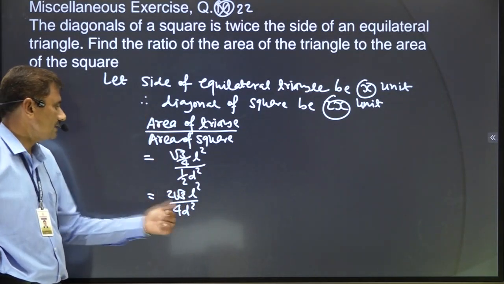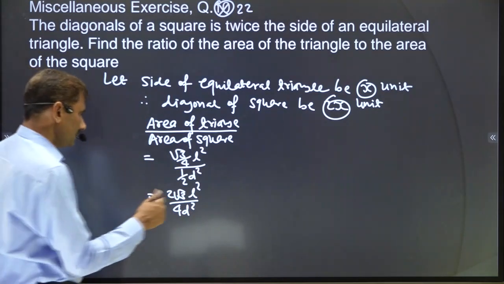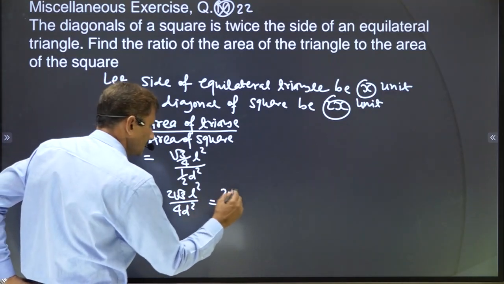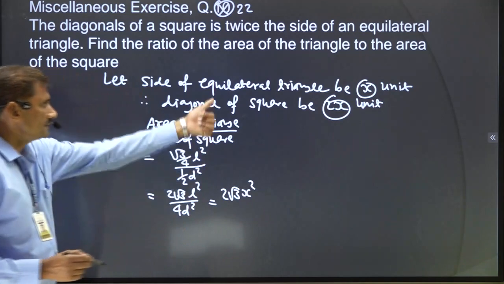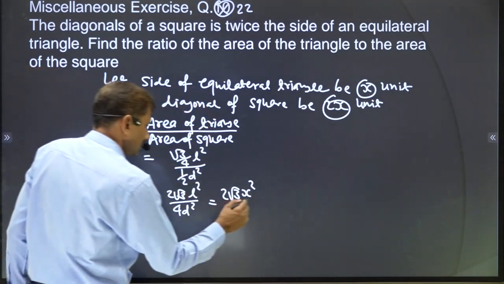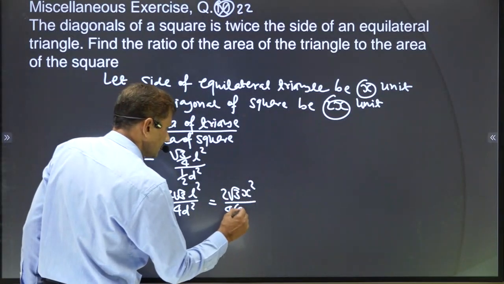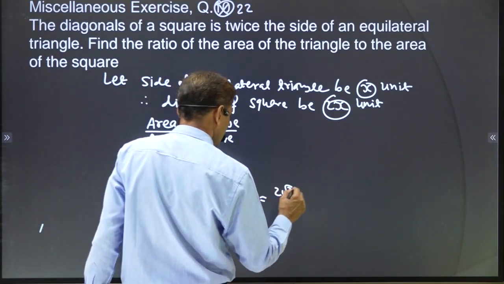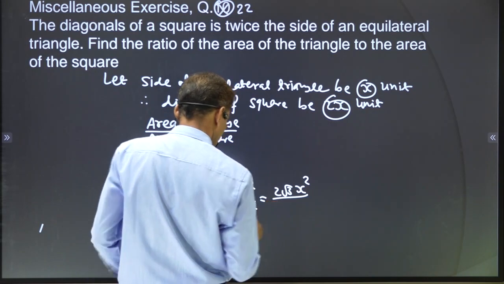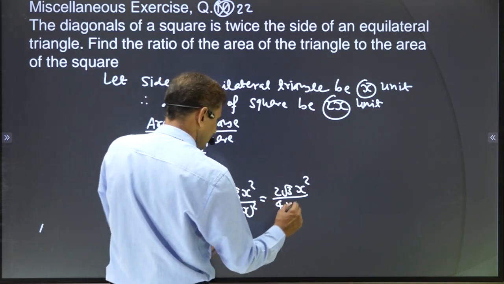So 2 root 3 L square upon 4D square. Now place here x in place of L, we suppose x. D is 2x. So it will be 2 root 3 x square upon 4 into 4x square.